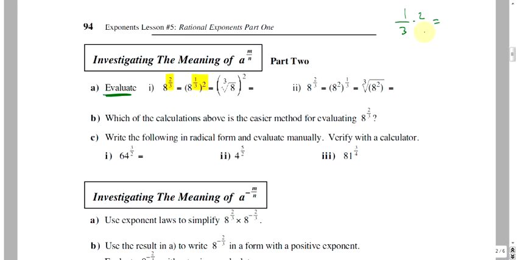Do I need a common denominator when multiplying fractions? No. Just multiply straight across. Is that 2/3? Yeah. Why do I do that? Well, because I know 8 to the 1/3 power is the same as the cubed root of 8. And what's the cubed root of 8? What times what gives you 8? 2. So this is 2 squared, which is 4. I evaluated it.